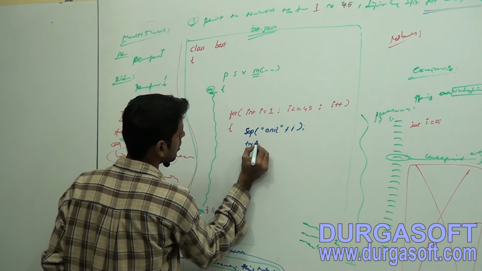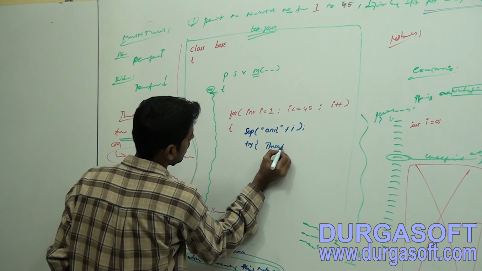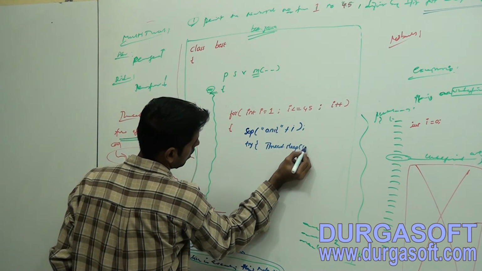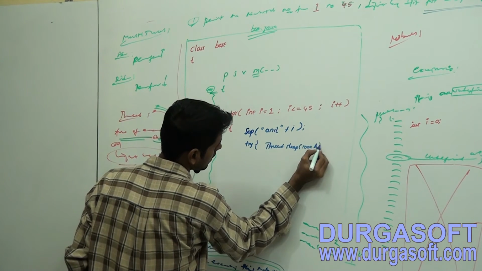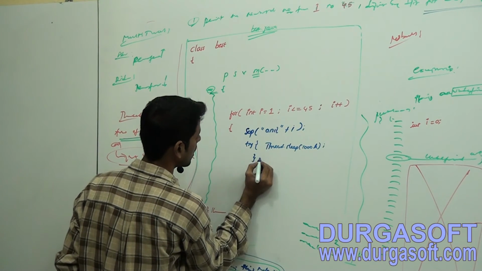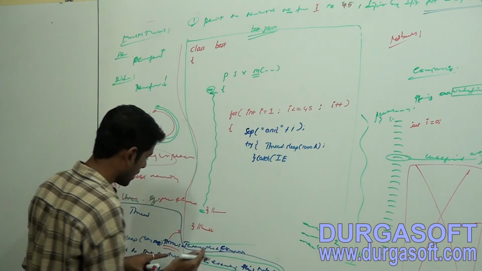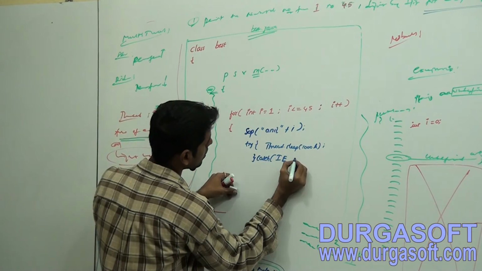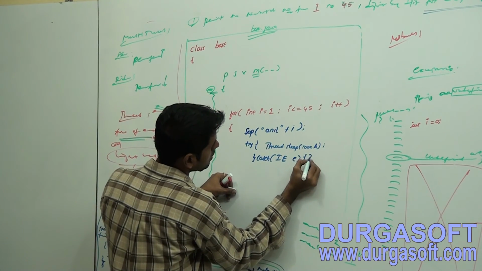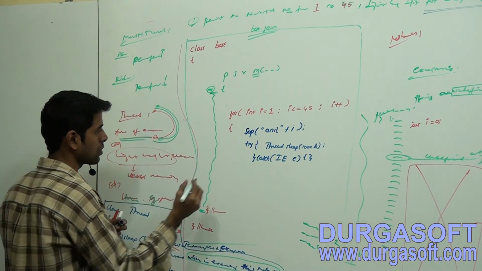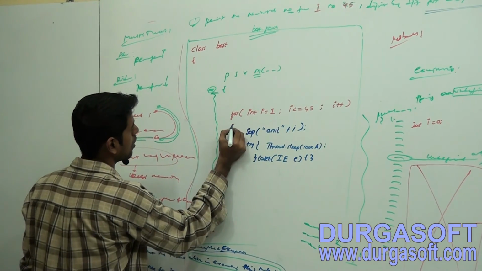Now try block, Thread.sleep for 1000 milliseconds, that is 1 second. Now take a catch block, InterruptedException. Now this is the end of our for loop.